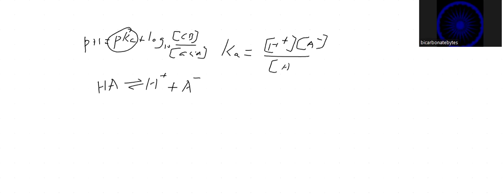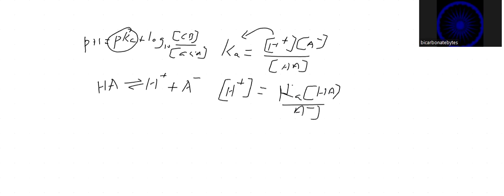Now we'll rearrange such that we take the protons to the left hand side. In doing so, concentration of protons would be equal to Ka into HA divided by A minus. It's as simple as that.